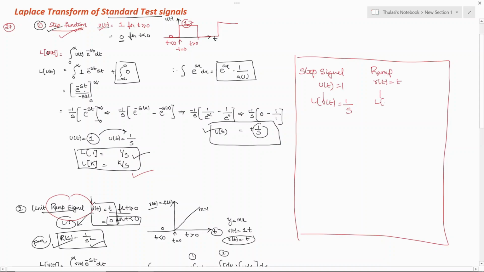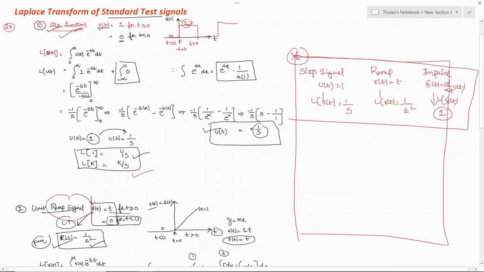The Laplace of r of t we are going to get as 1 by s square. Next, you have an impulse signal, called delta of t, which is equal to d by dt of the step signal. The Laplace transform of the impulse signal you are going to get as 1. So this is the relationship between how the step signal, ramp signal and impulse signal generally exist.